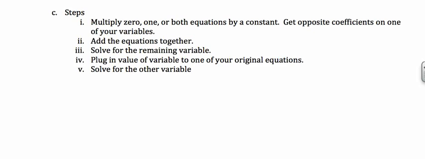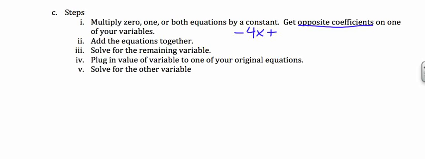So what we're going to do initially is use that idea that we can multiply by a constant. Now, we may not need to use it at all, or we might need to use it on one or both equations. What we're trying to get is a situation where we want opposite coefficients on one of our variables. So what we want is something that looks like this in our system of equations.